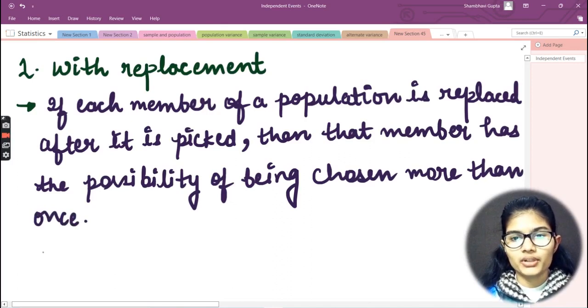So if each member of a population is replaced after it is picked, then that member has a possibility of being chosen more than once.